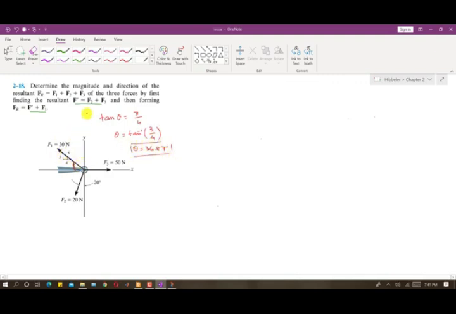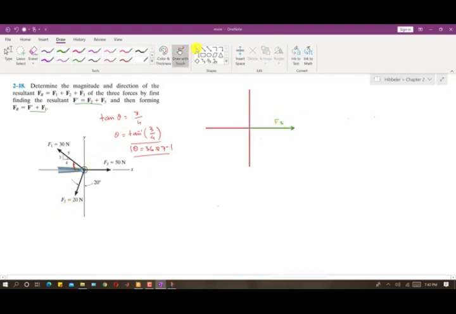Now first we have to find this F dash, right? So F dash is the summation of F2 plus F3. So now if I draw the positive x and y axes, right, and let's say that this is our F3, which is 50 Newtons. Let's say that this is F3, which is horizontal, and F2 is 20 Newtons, right?